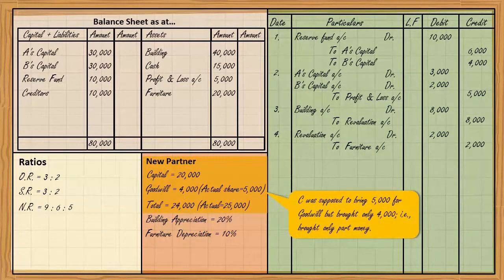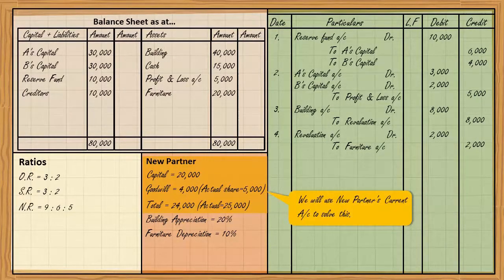There are different situations, but in my questions I will use the current account, I mean to say the new partner's current account. There are so many different options. Be careful. So okay, he is bringing 24,000.